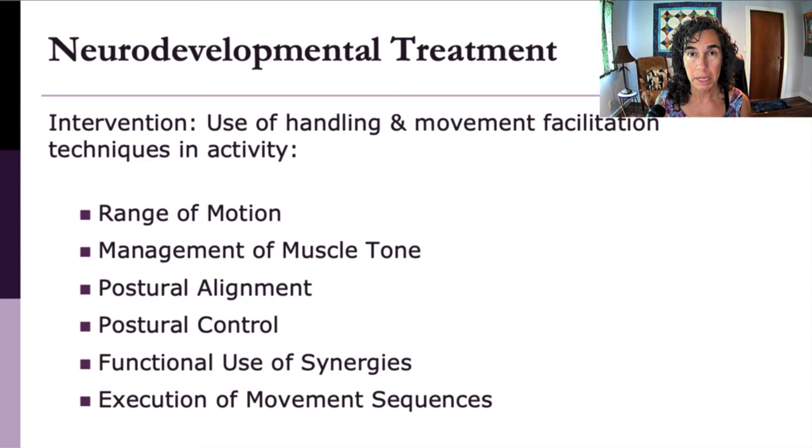If the child has synergies, we're going to try to put them to functional use rather than maladaptive use. And we're going to look at sequences of movement, not just discrete movement. So we'll get more into that as we go, but that's a little intro.